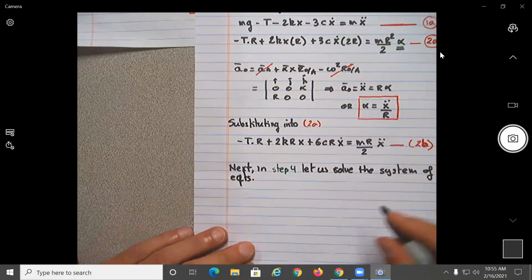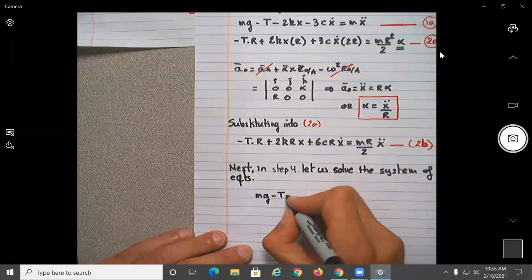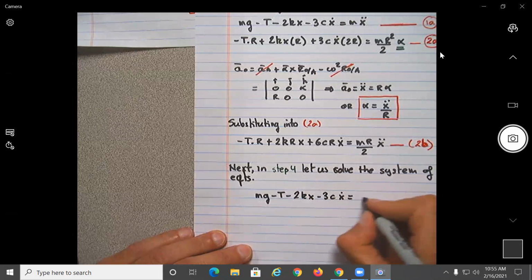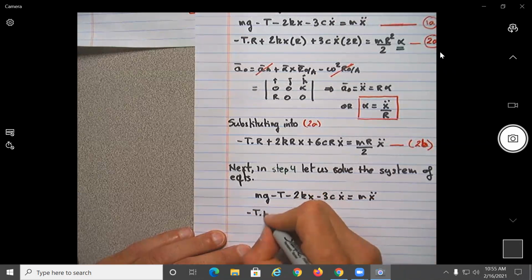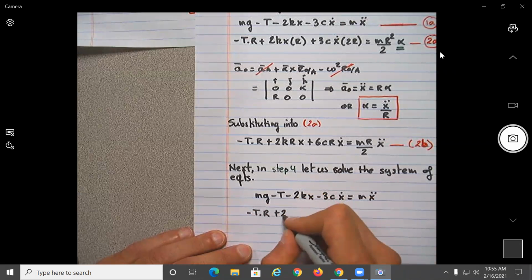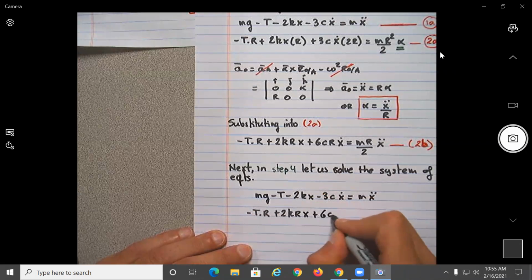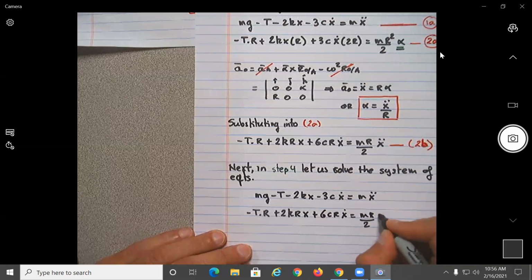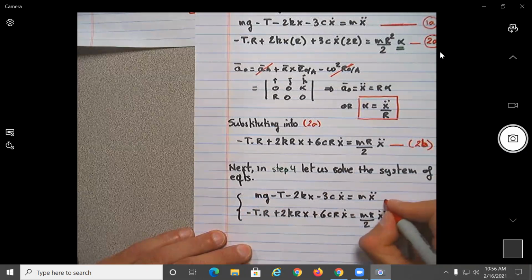So it will be equation 1a: mg minus T minus 2kx minus 3cx dot equal to mx double dot, and minus T times r plus 2krx plus 6crx dot equal to mr over 2 x double dot. So this is equation 1a to b.